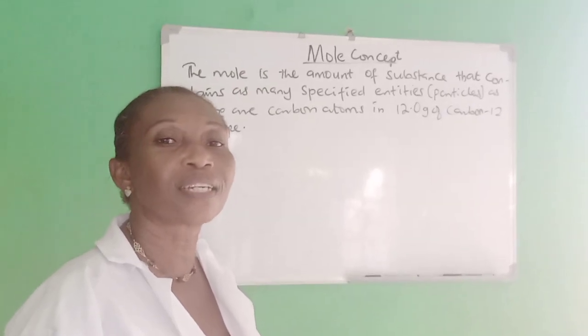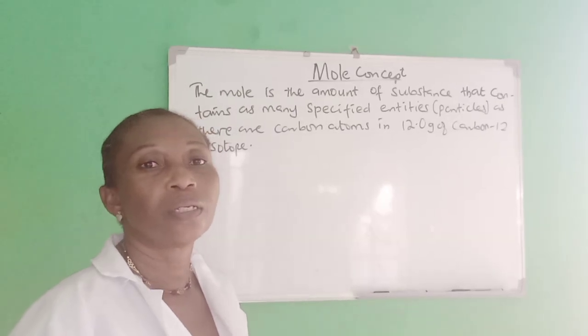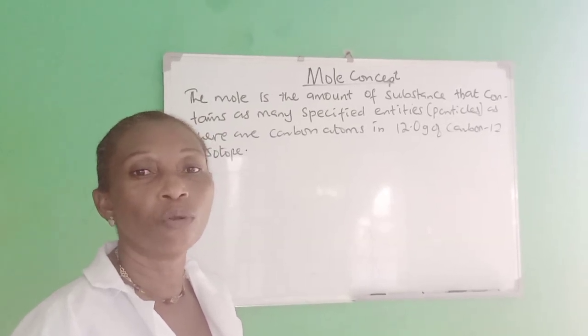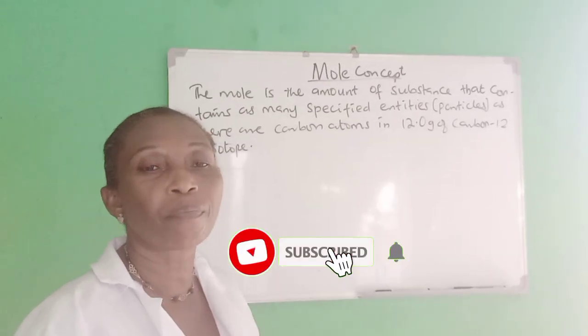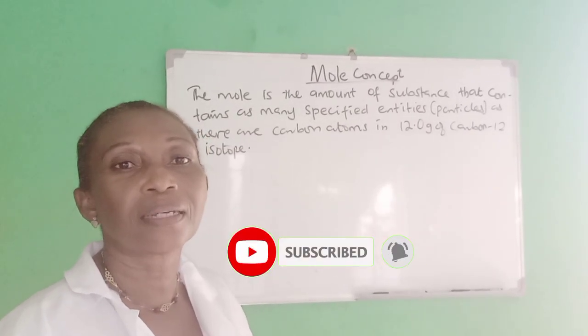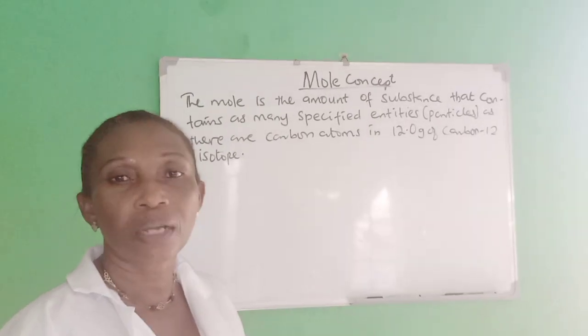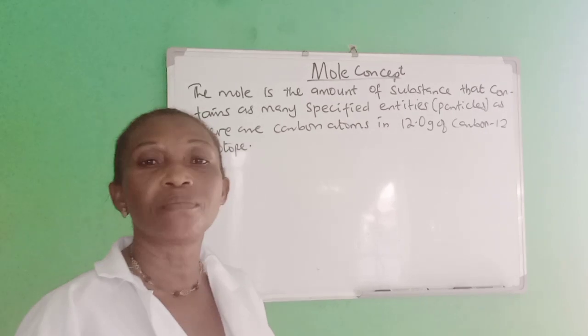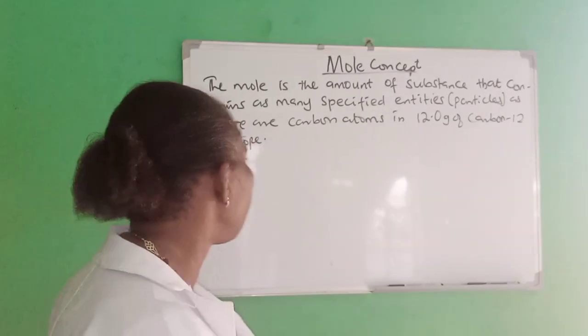They don't really understand how to handle problems that involve the mole concept. The mole concept runs through the practical and the theoretical aspects of chemistry. It's all about calculations. So let's look at mole and the mass of elements.